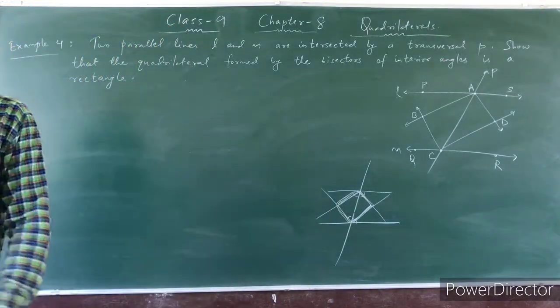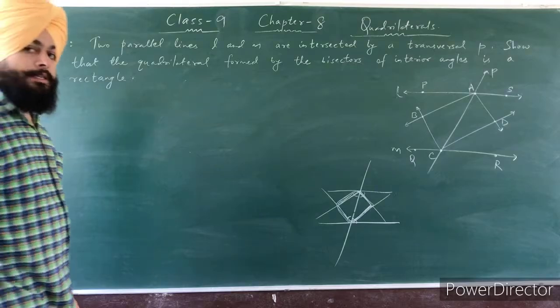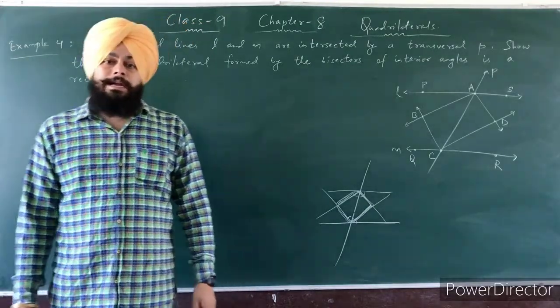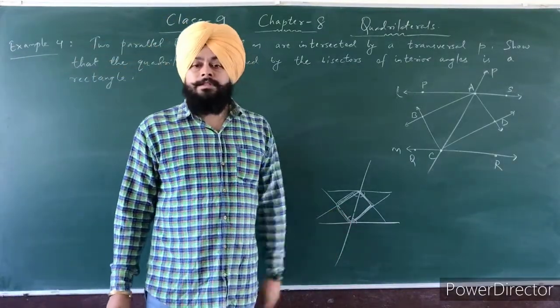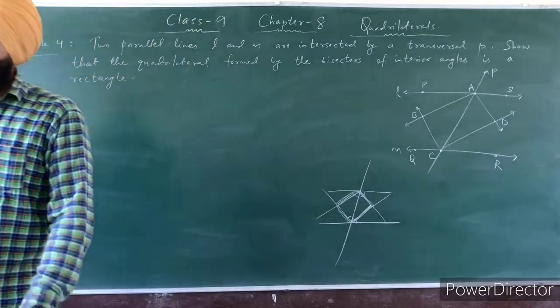So what is the property of rectangles? In rectangles, opposite sides are parallel and each vertex angle is of measure 90 degrees. Okay?